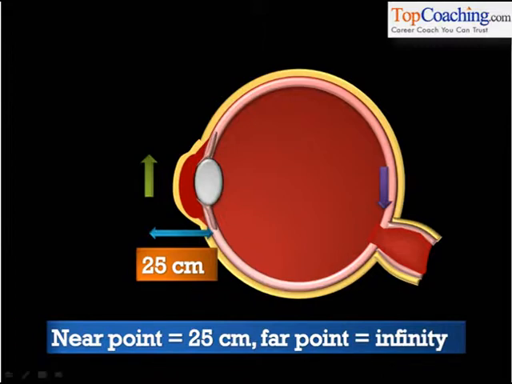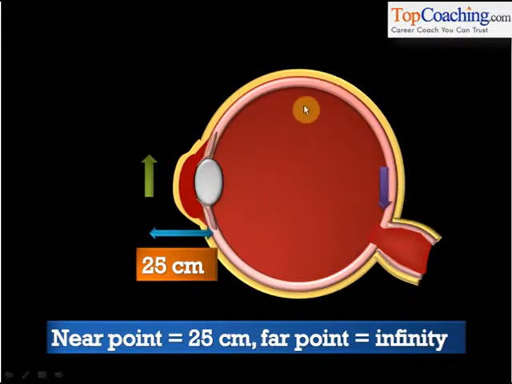The far point is another point that we talk about. The far point is the maximum distance that the eye can see clearly. This far point is infinity for the normal eye. If rays come from infinity, the focal length of the eye lens gets adjusted in such a way that the rays converge at the retina.